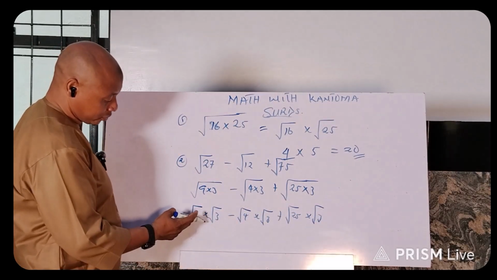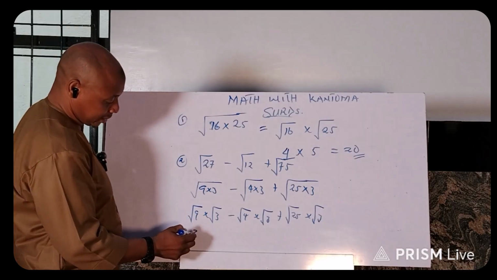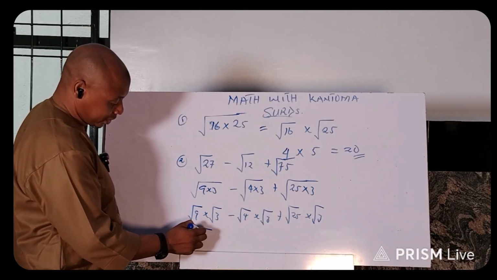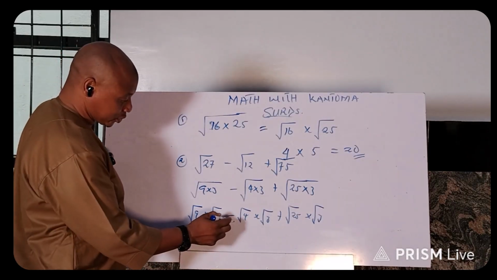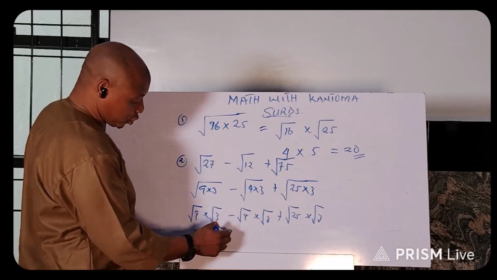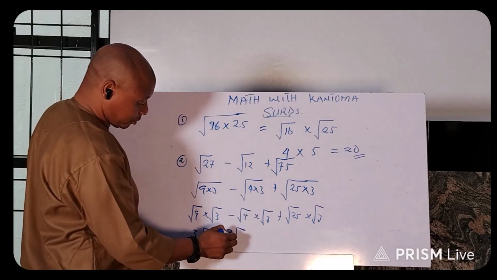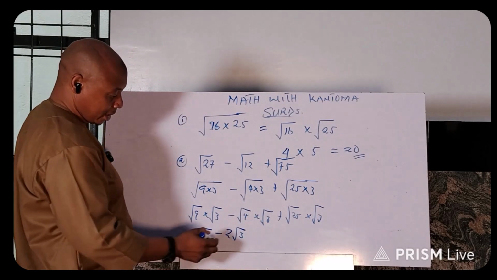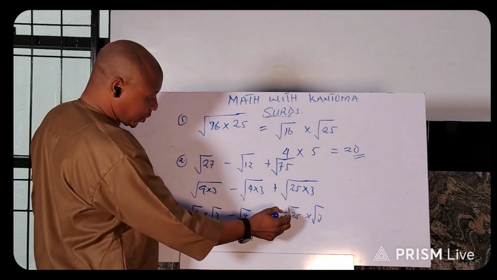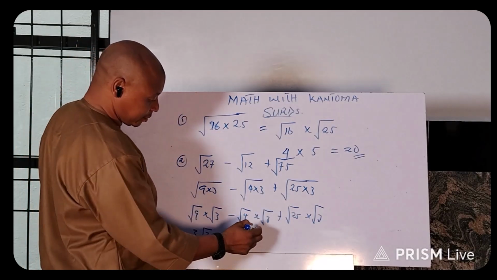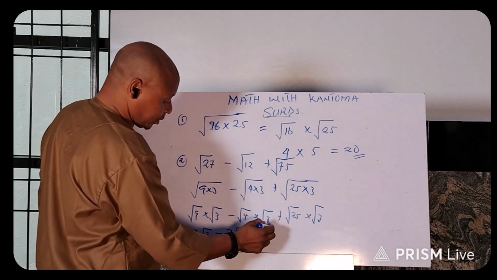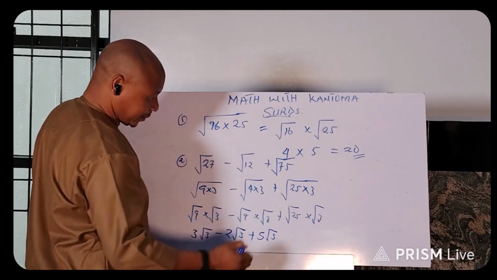And square root of 9 is 3, times root 3, we have 3 root 3. Minus square root of 4, here is 2, times root 3 will give us 2 root 3, plus square root of 25, here is 5, times root 3 will give us 5 root 3.